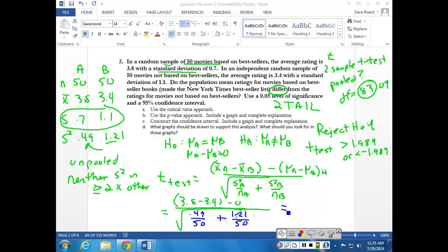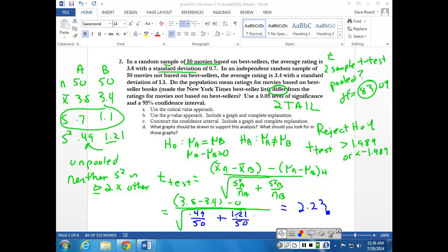I get 2.23. Maybe I put something in. You got 2.17? Okay, well that's right. I must have entered something in there wrong.